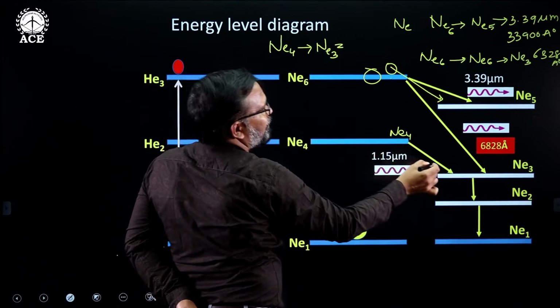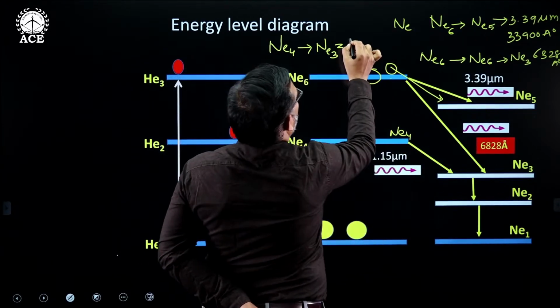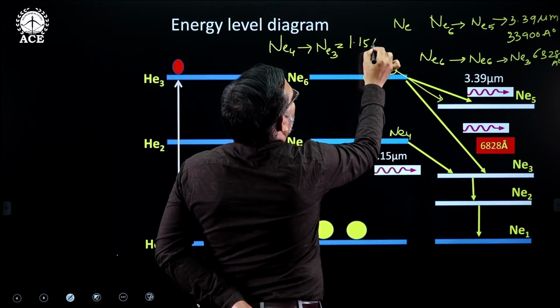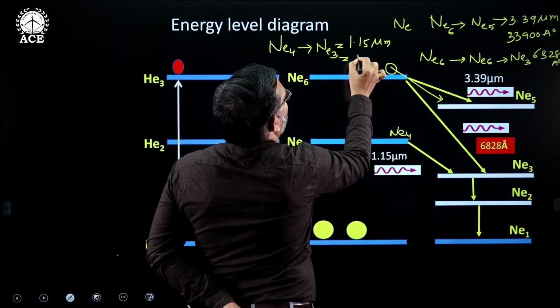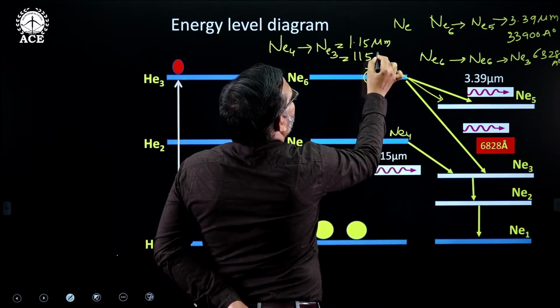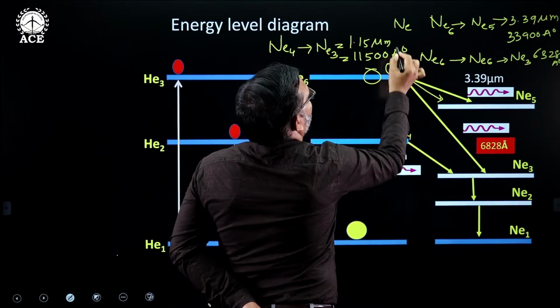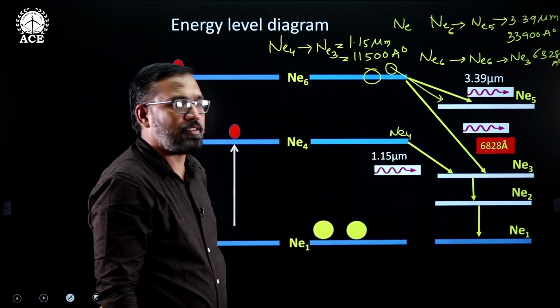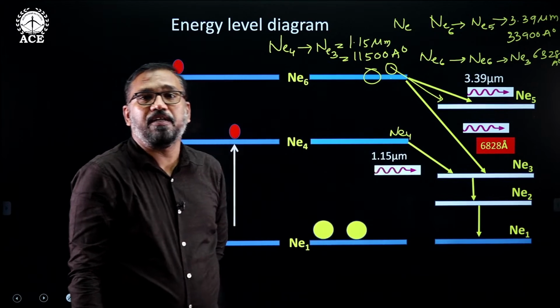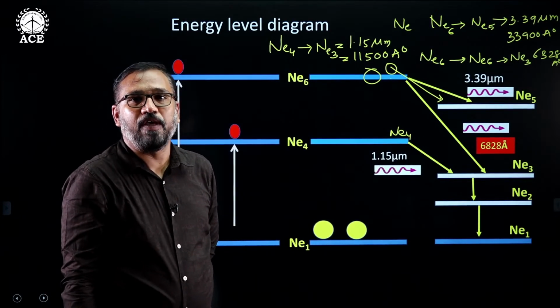So what is the wavelength that we are getting? 1.15 micrometer, that is nothing but 11,500 angstrom. Means we are getting 3 different lasers of different wavelengths.